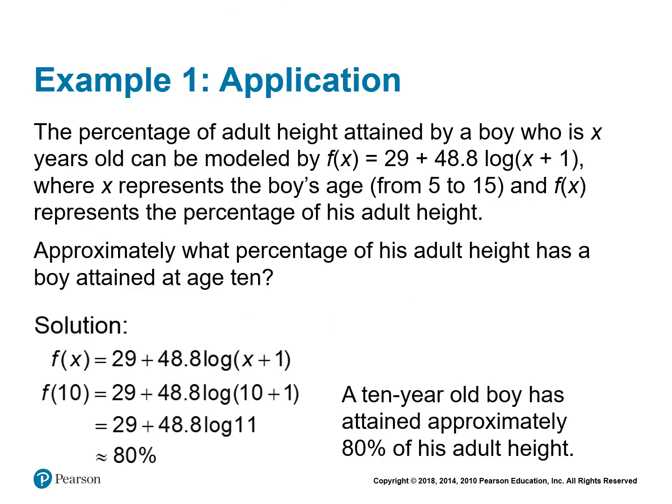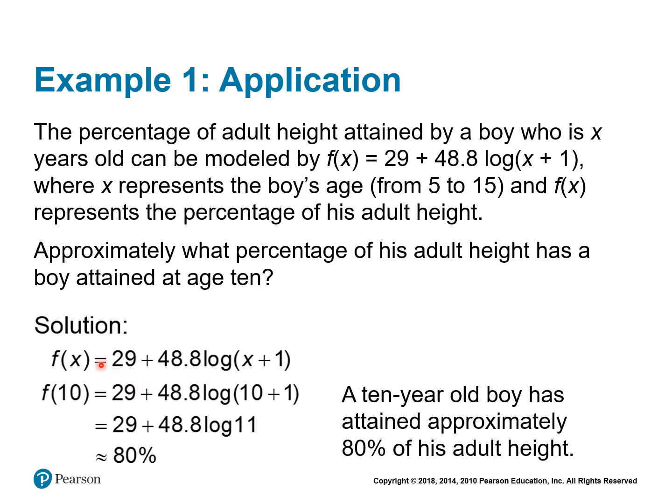Now here's an application problem with common logarithms. It says the percentage of adult height attained by a boy who is x years old can be modeled by f of x equals 29 plus 48.8 times log of x plus 1, where x represents the boy's age from 5 to 15 and f of x represents the percentage of his adult height. Approximately what percentage of his adult height has a boy attained at age 10?